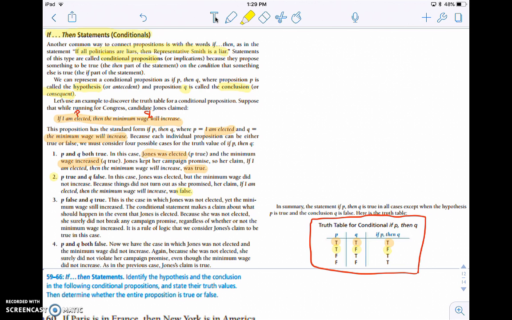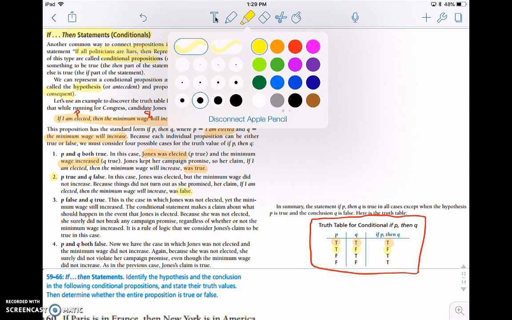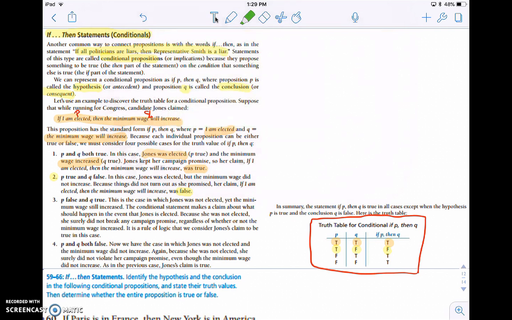So this is where things get a little bit different, in number 3. If P is false and Q is true. Okay, let's look at this. This case is where Jones is not elected, yet minimum wage still increased. So the conditional statement makes a claim about what would happen in the event that Jones is elected.